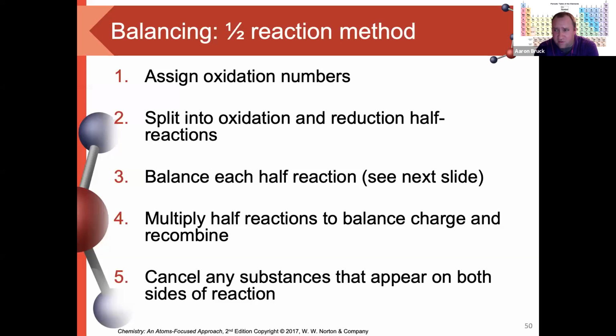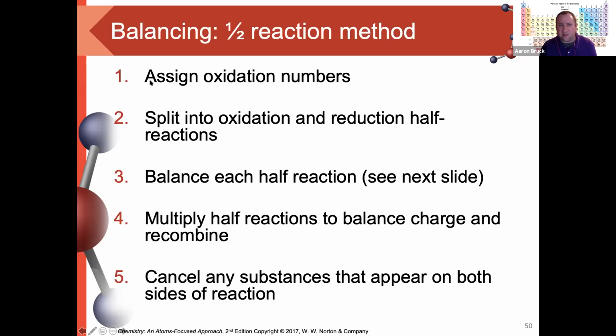But in terms of the balancing of equations using this method, what you'll find is that it is considerably a longer process. And so if you look at the process itself, there are 5 primary steps. Now, I say that a little bit tongue-in-cheek because step 3 here has many sub-steps within it to balance each half reaction in total and in turn. But it can be done.